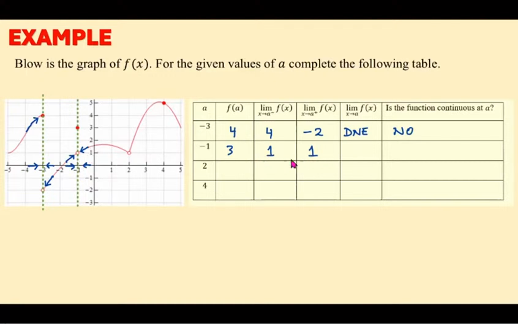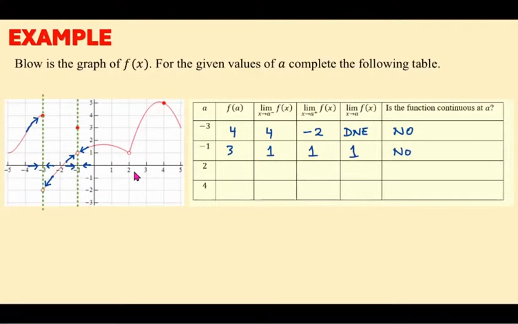These two limits are the same. The left-hand limit and right-hand limit are the same, meaning the limit exists here, and it is equal to 1. But if you look at the limit of the function and the value of the function, they are not the same. If the limit of the function and value of the function are not the same, the function is not continuous. So no.